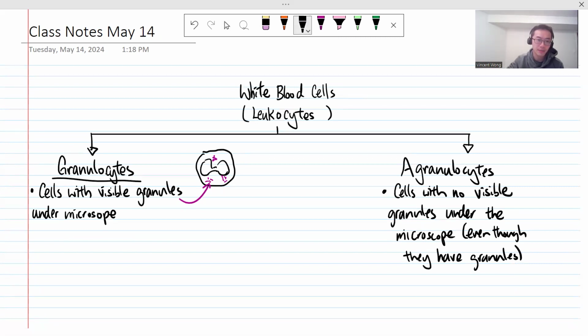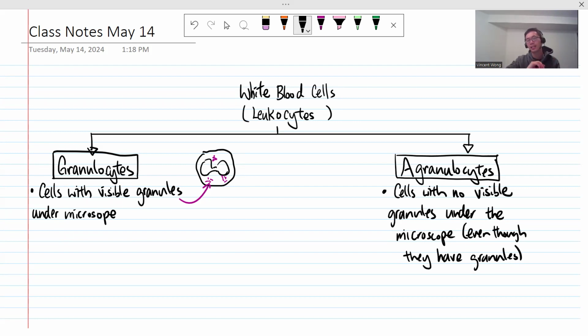So this classification is based on how they look. It's based on appearance, rather than say function. Granulocytes, you can see the granules clearly, and the agranulocytes, you can't. All right.